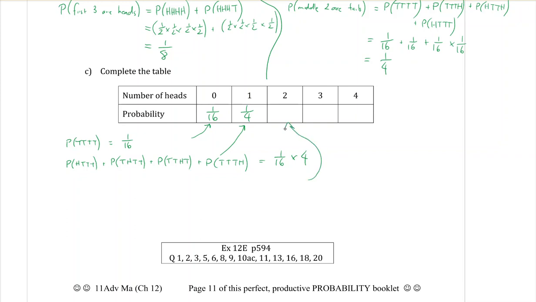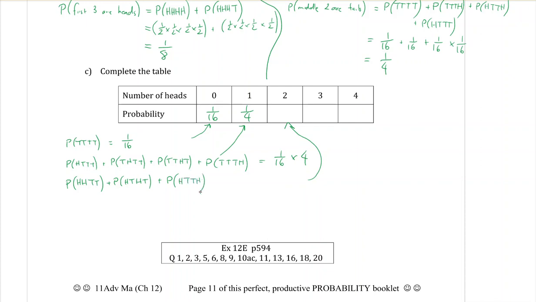2 heads anywhere. Okay, how many different possibilities are there? This is going to be the most complicated one. So it could be the probability of head, head, tail, tail. Okay, I'm going to keep one of the heads in the first position. I'm going to move the second one. So it's going to be the probability of head, tail, head, tail, plus probability of head, tail, tail, head.